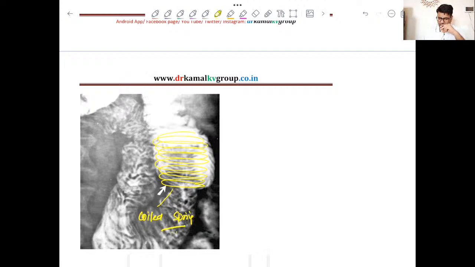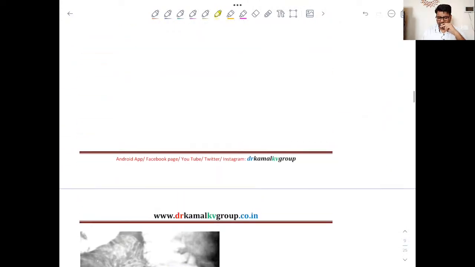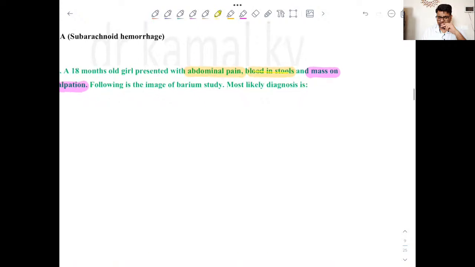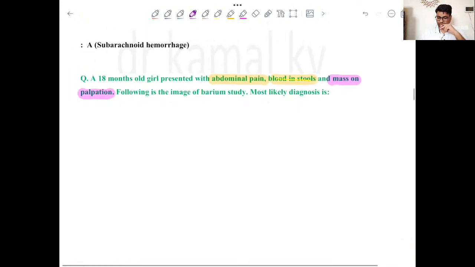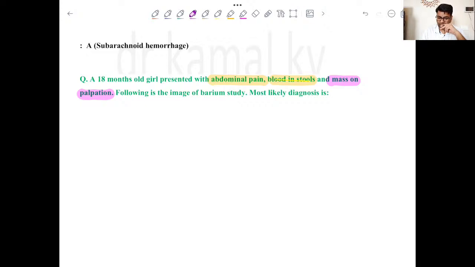So this is the coiled spring sign, and this is suggestive of intussusception. Very good. And that intussusception is also mentioned in the MCQ statement. So the girl is having, and the age is also important here, an infant with abdominal pain and blood in stool.